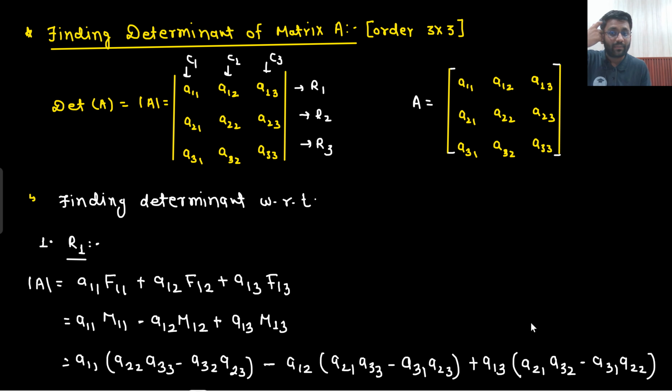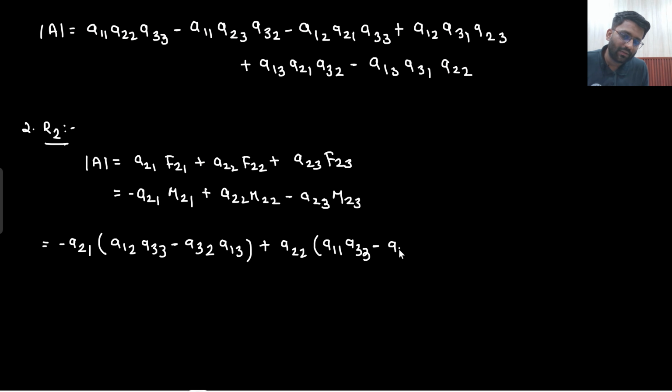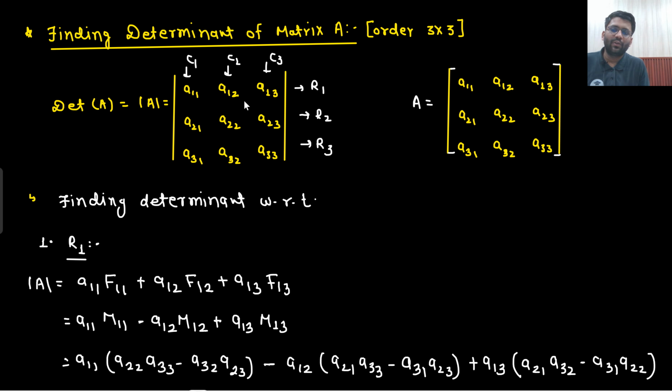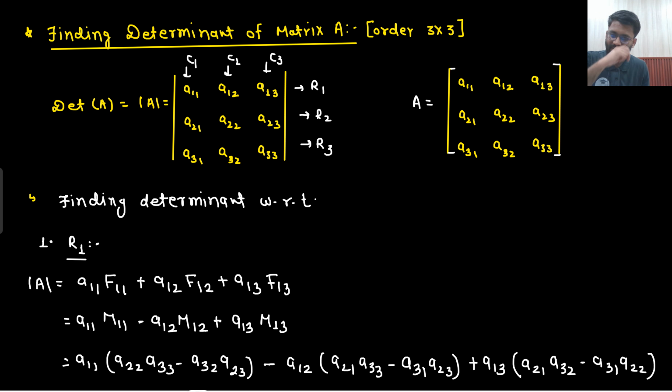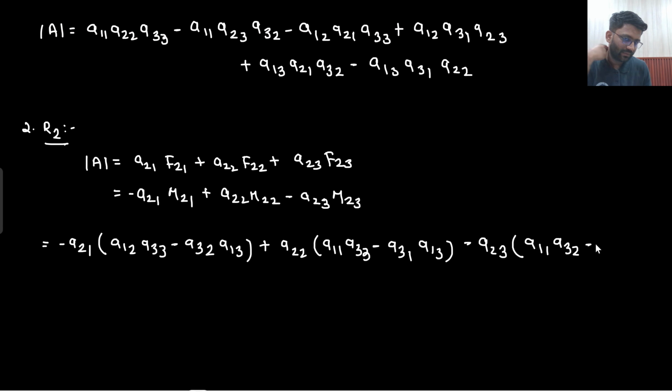Minus A23. So M23 you need to find out. This and this will be blocked. So A11 A32 minus A31 A12.